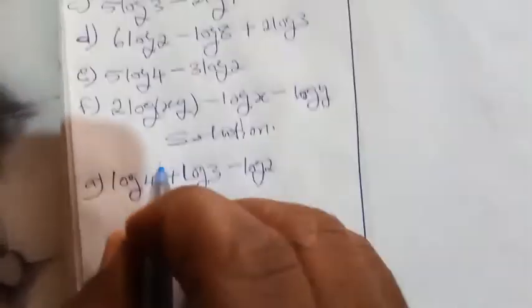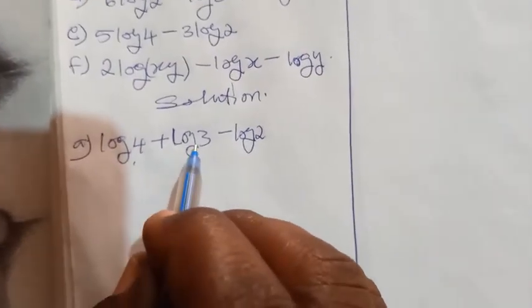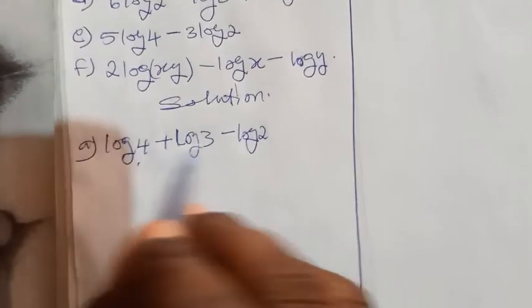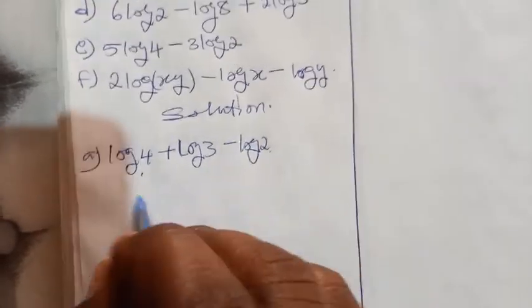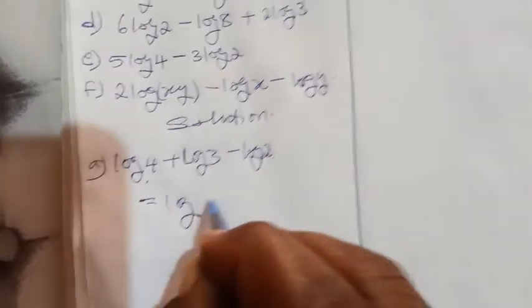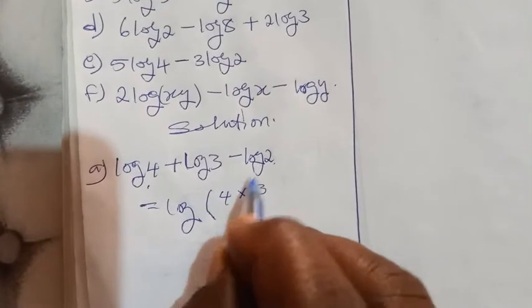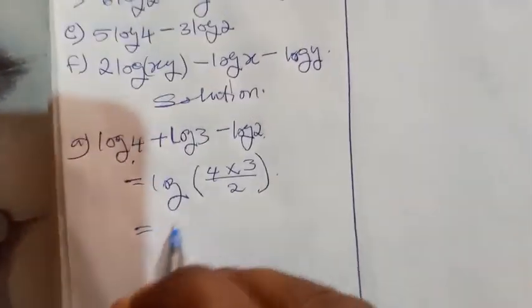This first one states that log 4 plus log 3 minus log 2. Here, I'll multiply this and this, then I'll divide by 2. So as a single logarithm, this becomes log of 4 times 3, then division by 2. That is the meaning. The base is 10, but no need of writing it, it is understood to be base 10.